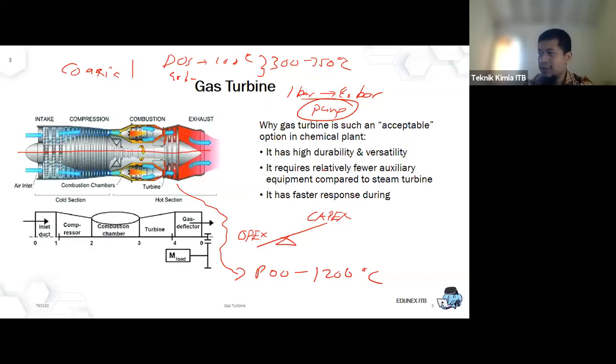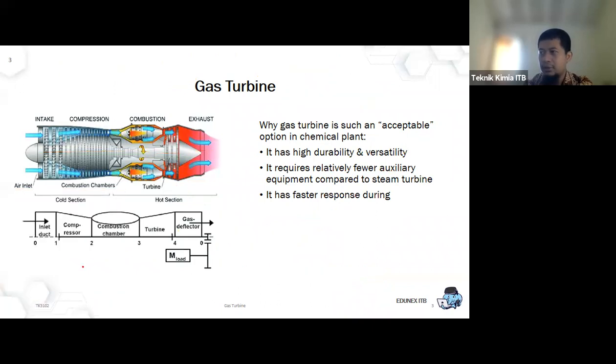And the second one is versatile. Why? Gas turbine fuel can be changed. There is a limit to it, but it can be changed. Suppose yesterday you used kerosene. You know kerosene?